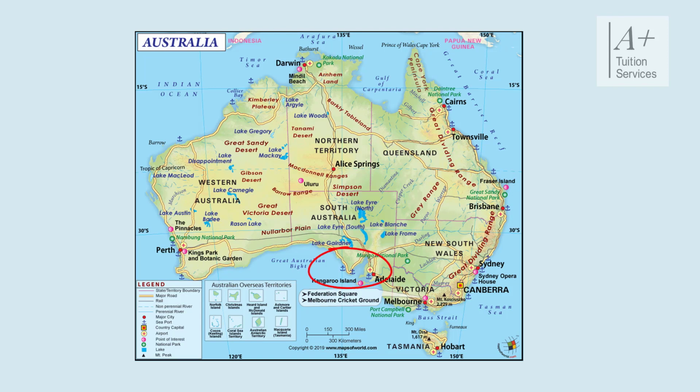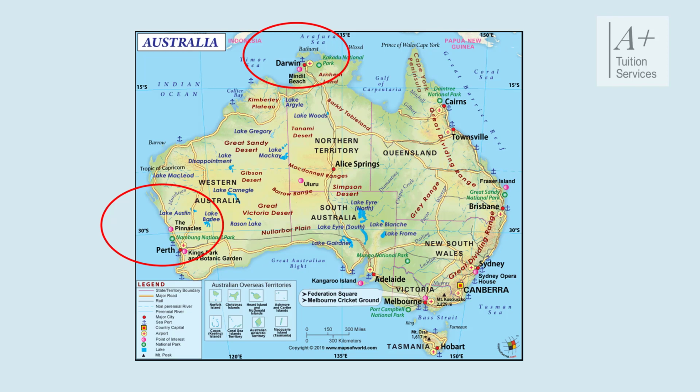Where you see the green circle, this is a national park. So here we have Normsburg National Park, we have Great Sandy National Park, right? And then we have Port Campbell National Park, and straight up on top we have Kakadu National Park.